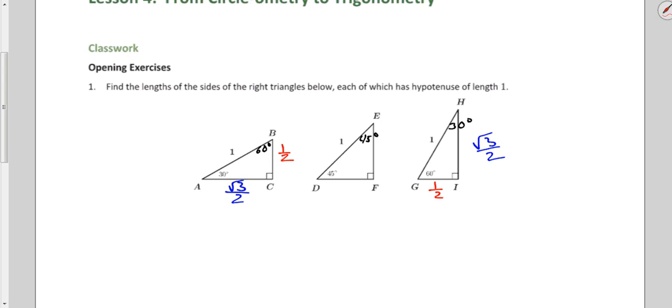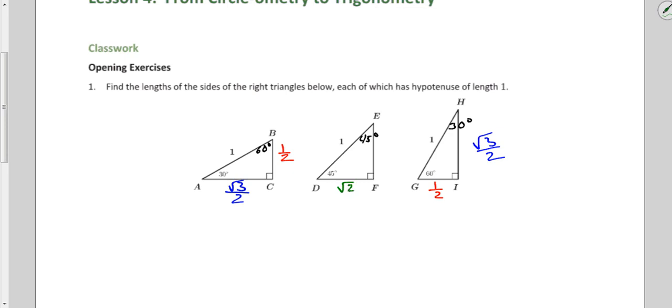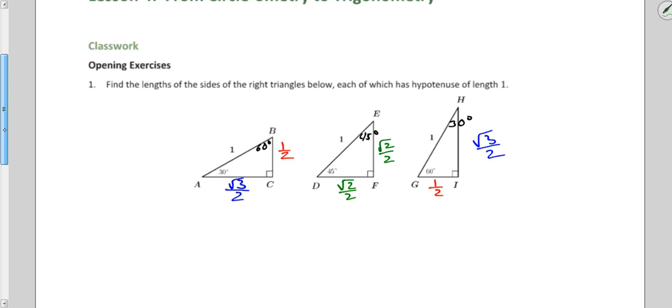They're the same. Why are they the same, Caleb? Their corresponding angles are the same. So then the sides have to be the same. What were those side lengths? Square root of 2 over 2. I'll do that in green. Square root of 2 over 2 and square root of 2 over 2. Okay. Good.